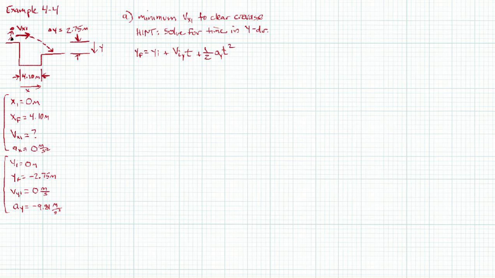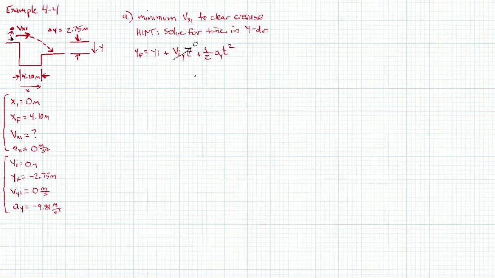I just looked at my y's and saw what I have. I have an acceleration, I've got a displacement in the y direction, I've got initial velocity in the y direction. So we should be able to use all this to solve for t, to solve for time. And in fact, some of this goes away anyway. Since our initial velocity in the y direction is 0, that whole section becomes 0. So we should now be able to solve for t.